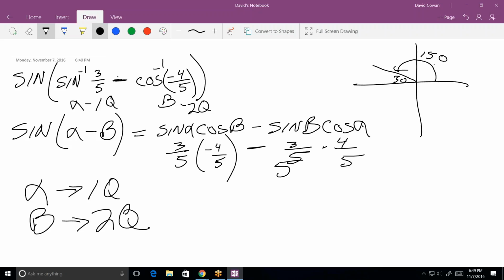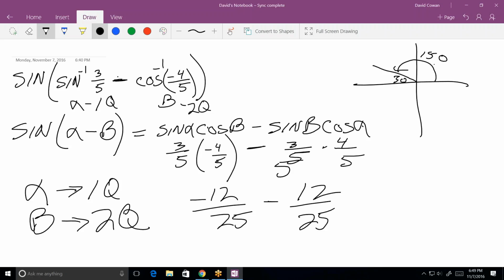Beta's reference angle is the same as alpha, so the sine of beta also has to be 3/5, and the cosine of alpha is first quadrant, so it has to be positive 4/5. So my answer here is minus 12/25 minus 12/25, or minus 24/25.